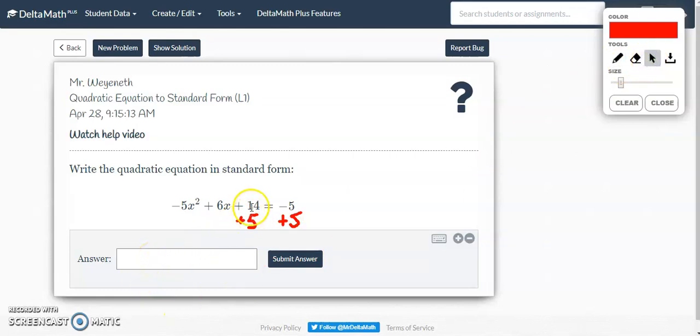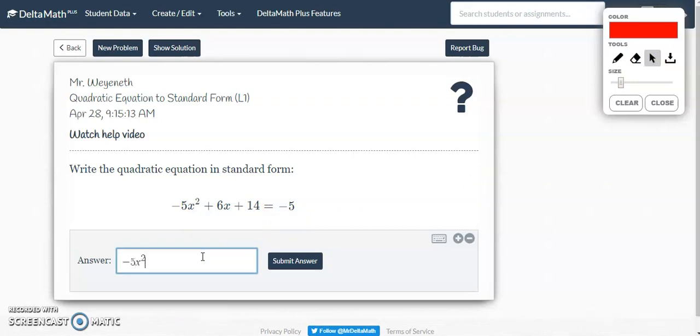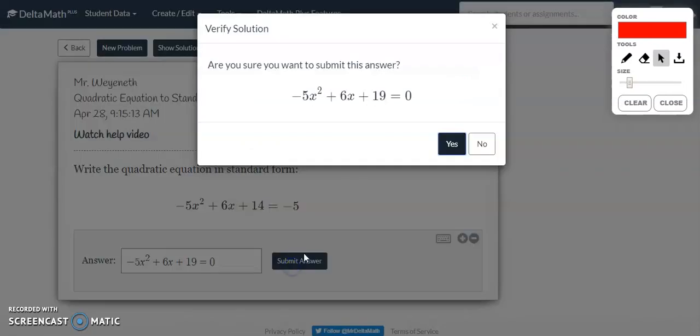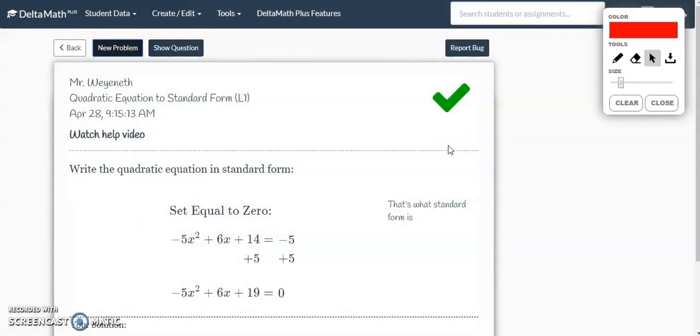So now what I'm looking at, this will become a 19. So I've got -5x squared plus 6x plus 19, and that will be equal to 0. Take a look, and nicely done there. So that's for the level 1 problems.